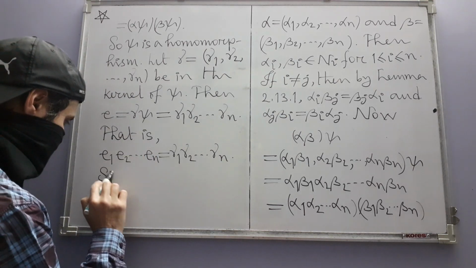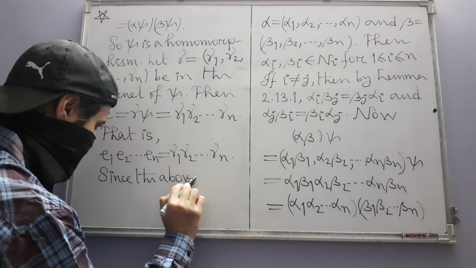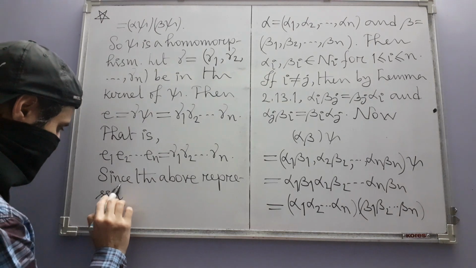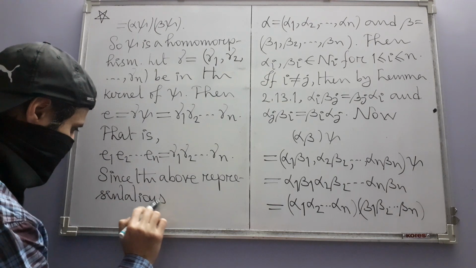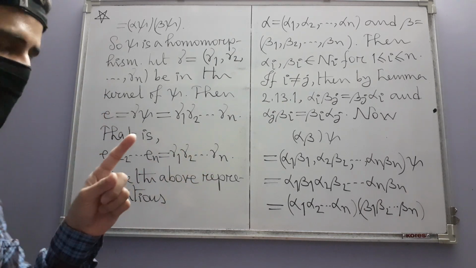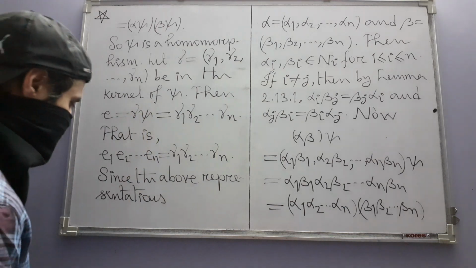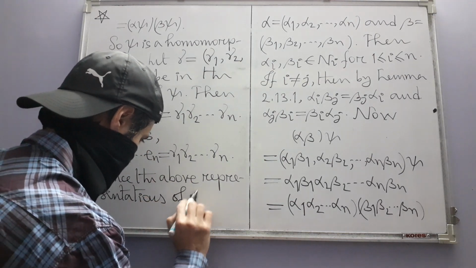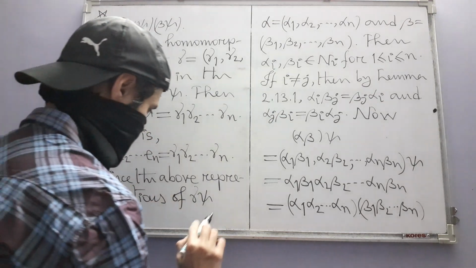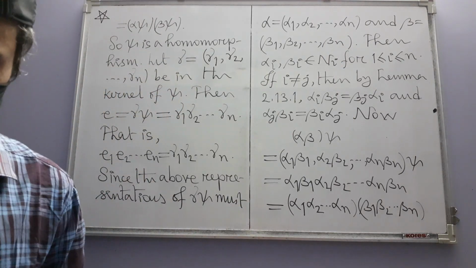So since the above representations, they must represent the same element, and that same element of course is nothing but gamma psi. The above representations of gamma psi must be identical, unique.